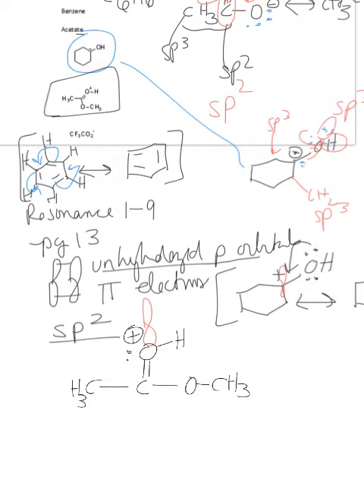Now, you have these 2 electrons here. This is an sp2 center, and you can go from here to there. And then you redraw with your double-headed arrow.